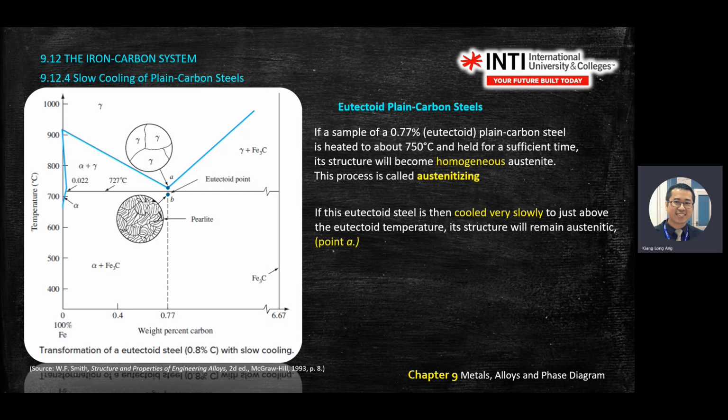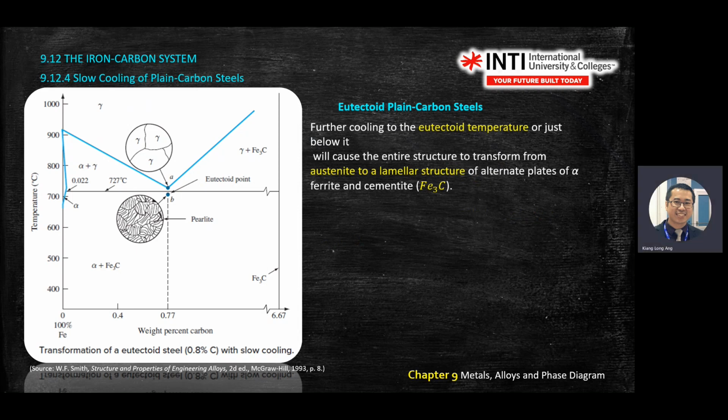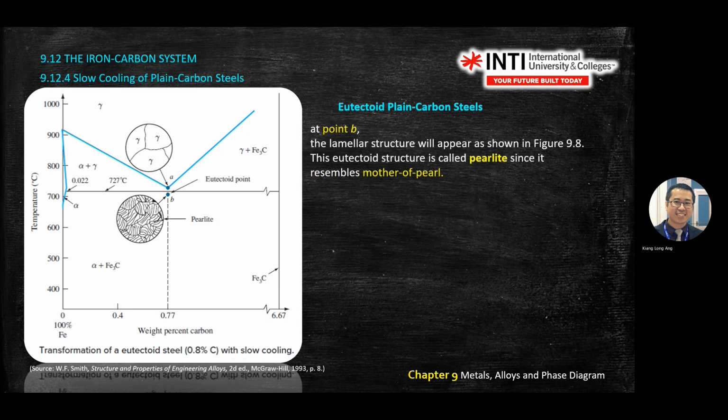Then you cool very, very slowly about this area, and you will reach point A. Further dropping the temperature to the eutectoid temperature or just below it will cause the structure to transform from austenite to a laminar structure. From A, it will drop past this point. So at point B, you will have a structure called pearlite.